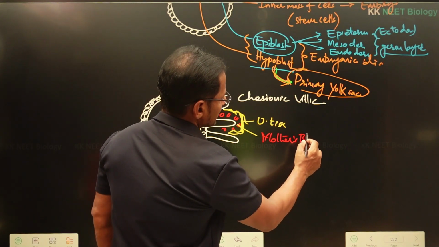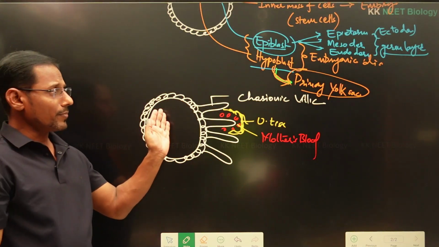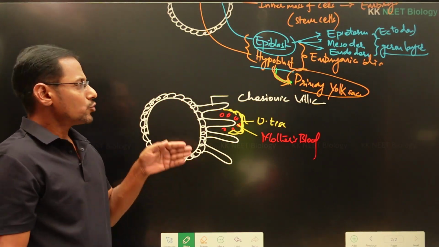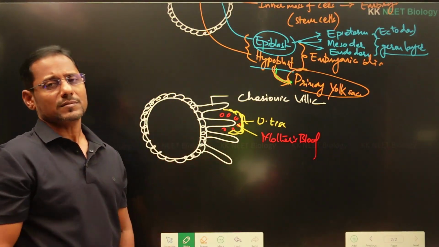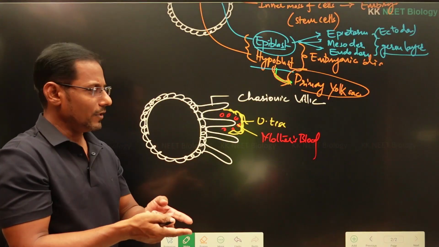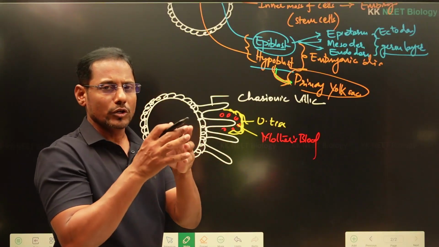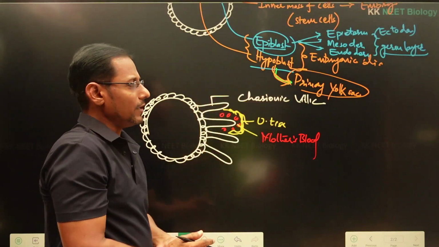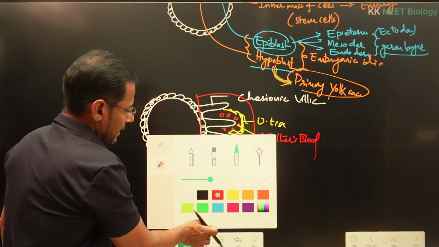Now see what is happening. The finger-like structures developed from the trophoblast layer penetrate into the walls of the uterus. Around these chorionic villi, maternal blood and uterus tissue are wrapped. All these together we call the placenta.